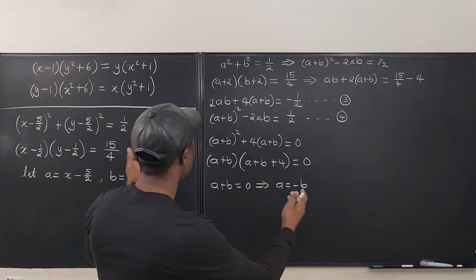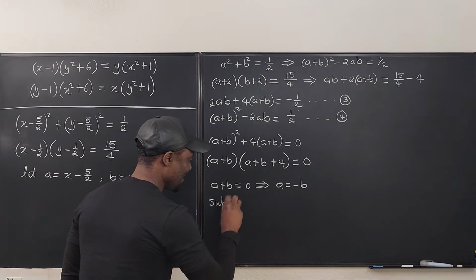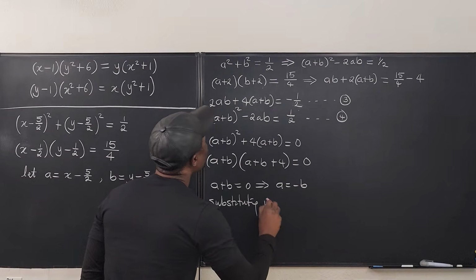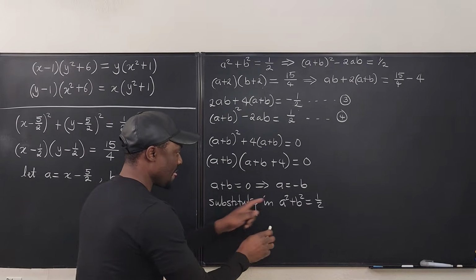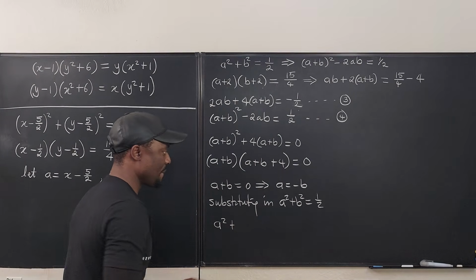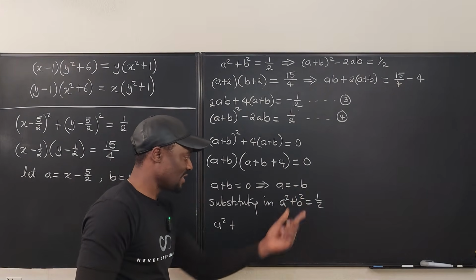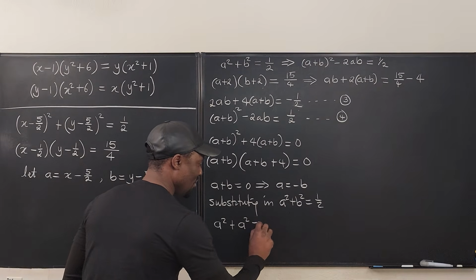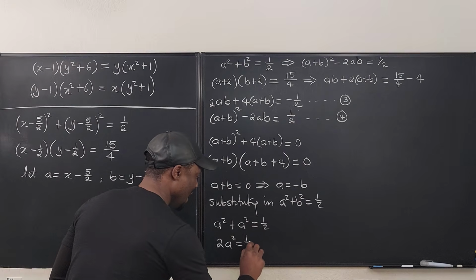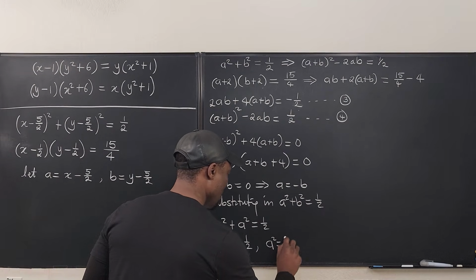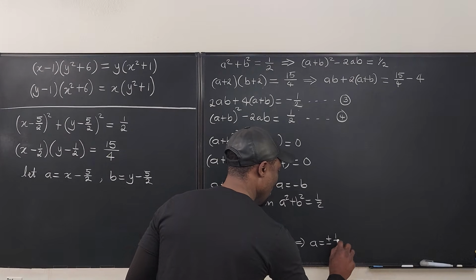If A equals minus B, substituting in A squared plus B squared equals 1/2, I'm going to have A squared plus, remember B is minus A, or A is minus B, so B is minus A. If you square this, it's going to just be the same thing. It's going to be A squared equals 1/2. So what do I have? I have 2A squared equals 1/2. I have A squared will be 1 over 4, which means that A equals plus or minus 1/2.